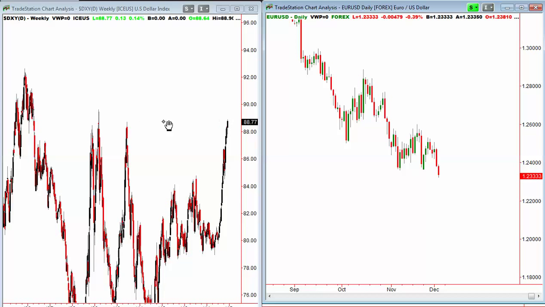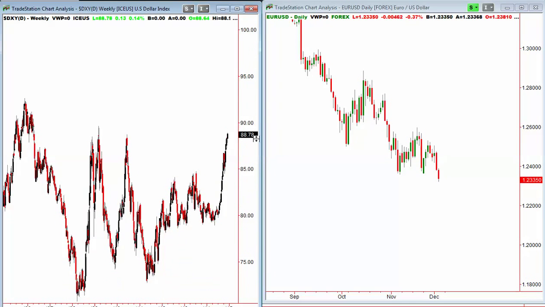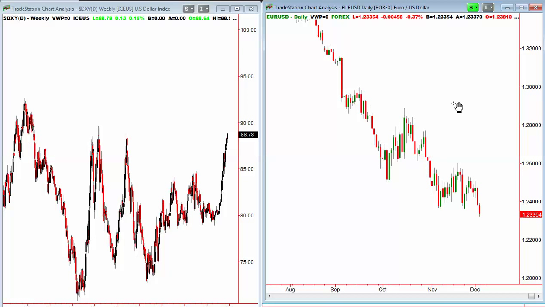If it takes out this level on the dollar index, what that would mean is that the euro dollar will fall further. There are a number of ways you can use the dollar index. One of the ways is to see how you want to trade it in respect of, say, the euro dollar or the GBP USD. The correlation between the two is inverted only when the dollar is the second currency.